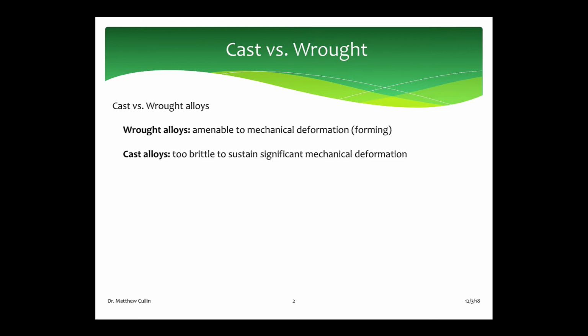Cast alloys essentially are just too brittle to allow that deformation. It's not that they're not useful, it's just that they're meant to be cast in a particular shape and then maybe just machined, do some finish machining. But you wouldn't be doing any drawing or any forging on a cast alloy. So you'll usually see the different grades broken out between wrought and cast.